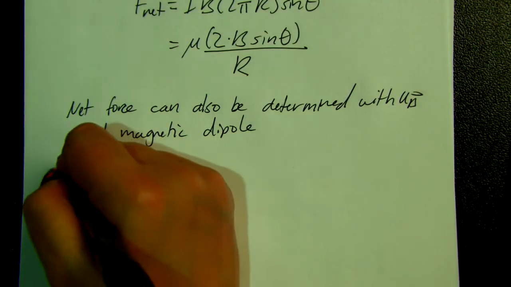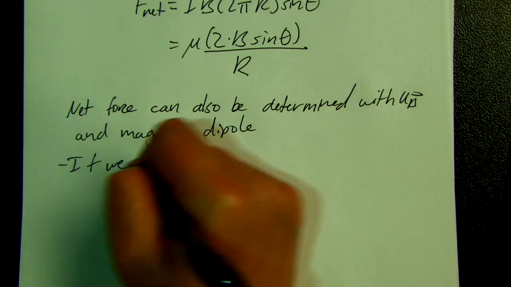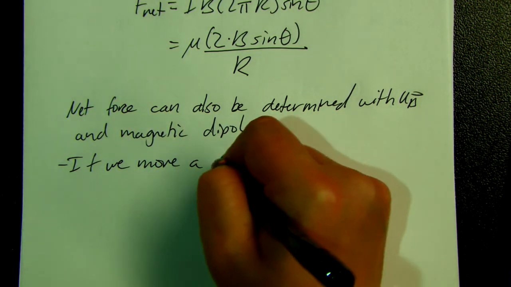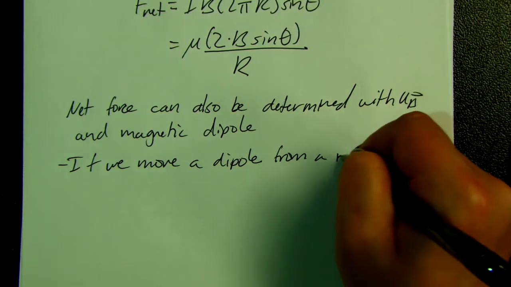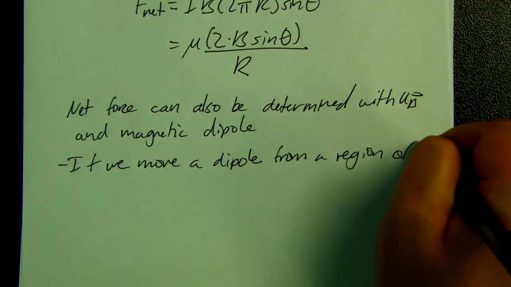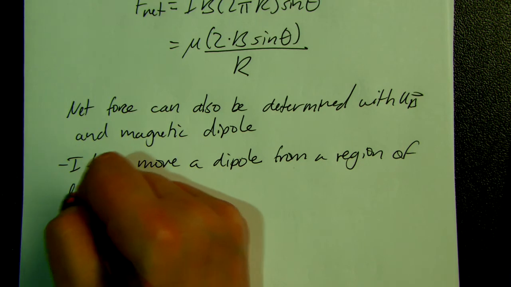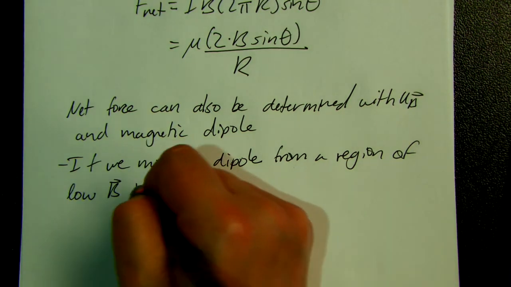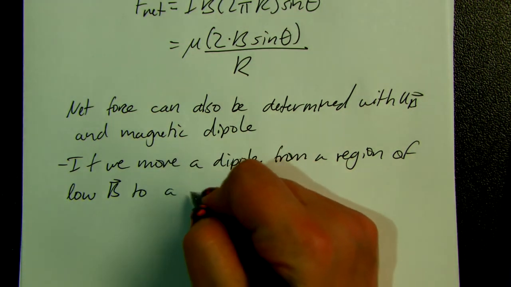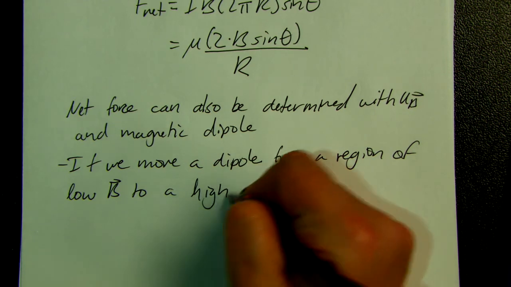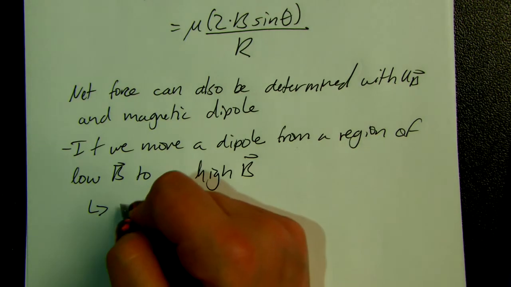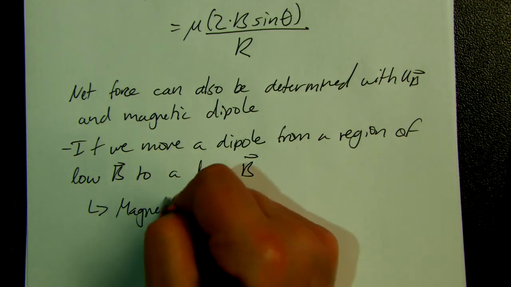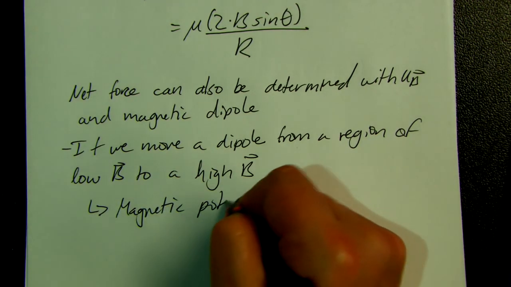So if we move a dipole from a region of a low magnetic field to a high magnetic field, it would make sense then that the magnetic potential energy will change.